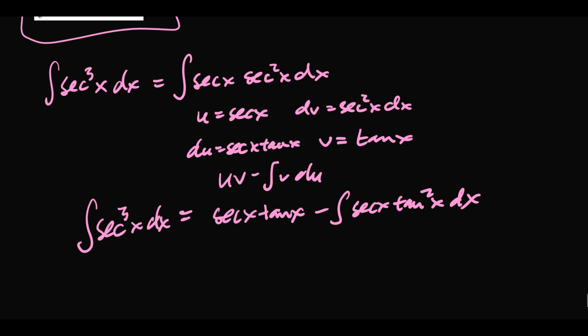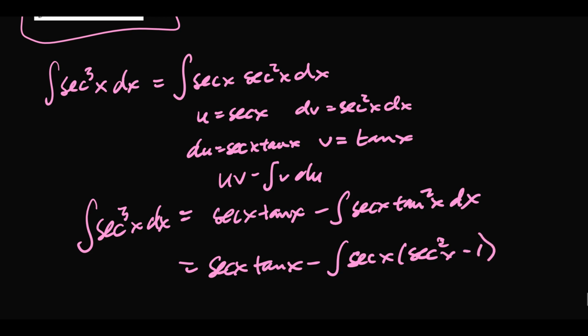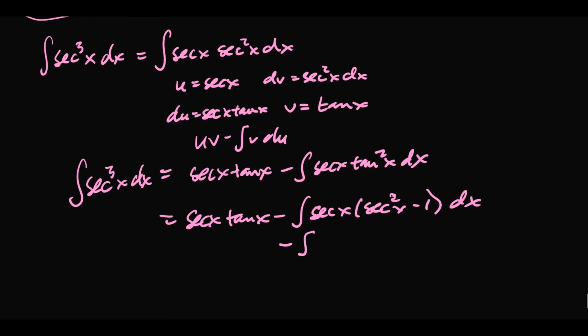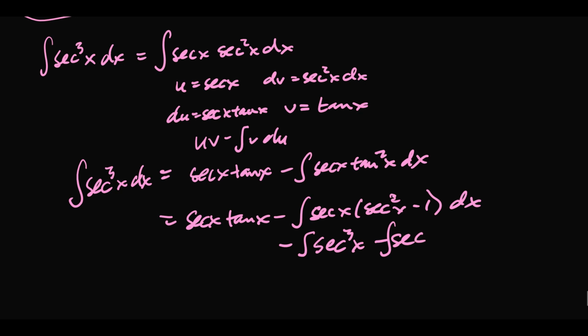So this is equal to secant x tangent x minus integral secant x times secant squared of x minus 1 dx. Now this is minus integral of secant cubed of x minus secant x, all dx, and we have secant x tangent x.